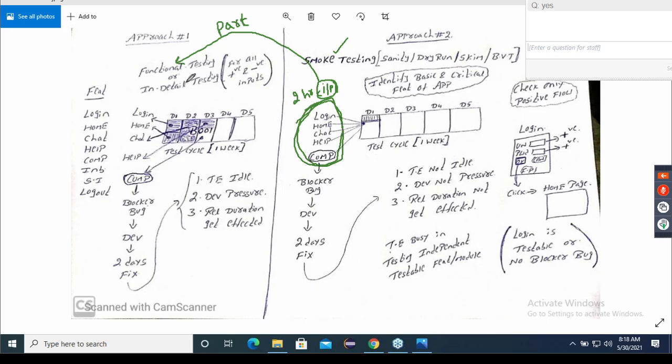Right. Note number 2, very, very important note.